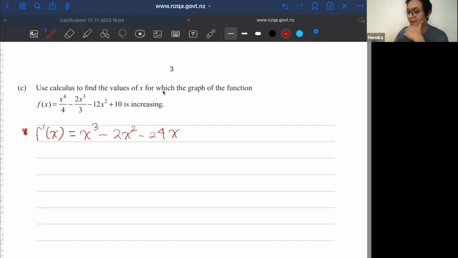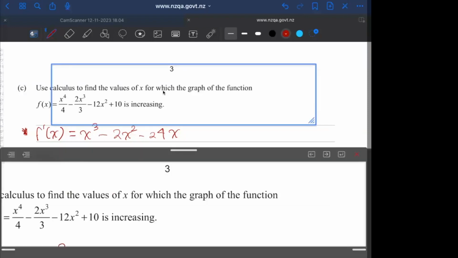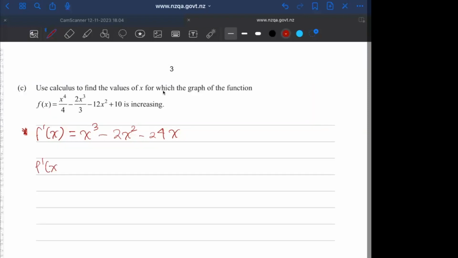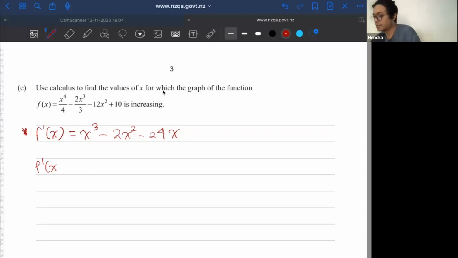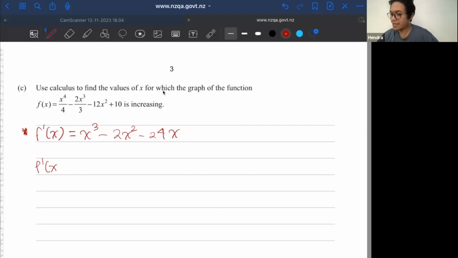You need to find when f prime is... what is wrong with this? Oh no, wait, it isn't connected. So you need to find the value of x when f prime is equal to 0. I need to connect the pencil first.